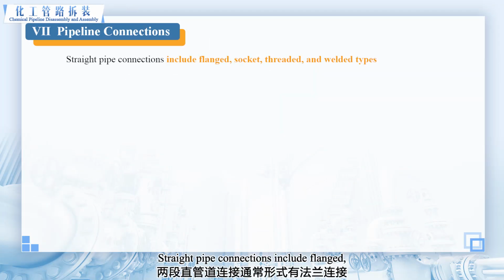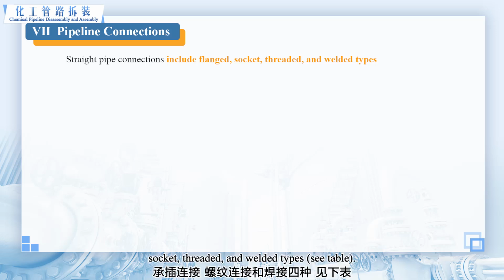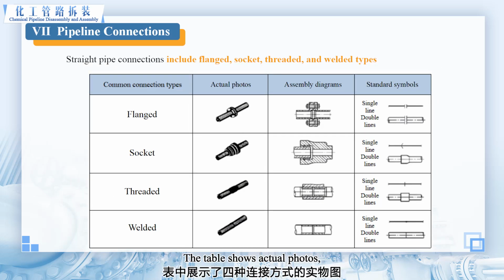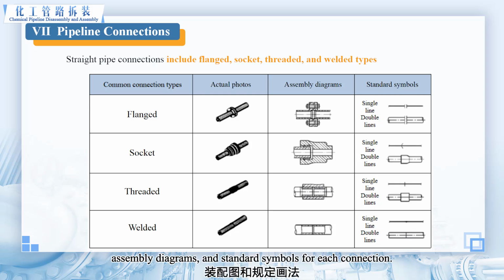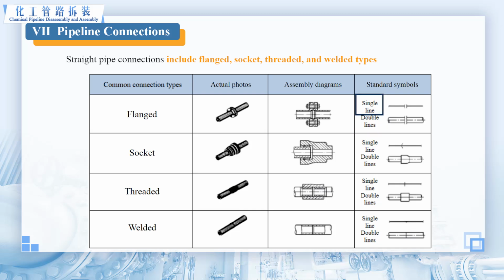Next, let's review connection representation methods. Straight pipe connections include flanged, socket, threaded, and welded types. See table. The table shows actual photos, assembly diagrams, and standard symbols for each connection. Standard symbols use single or double lines. Single lines are typical.